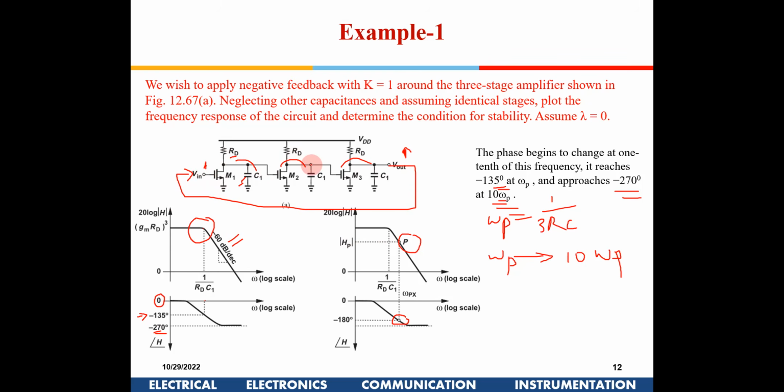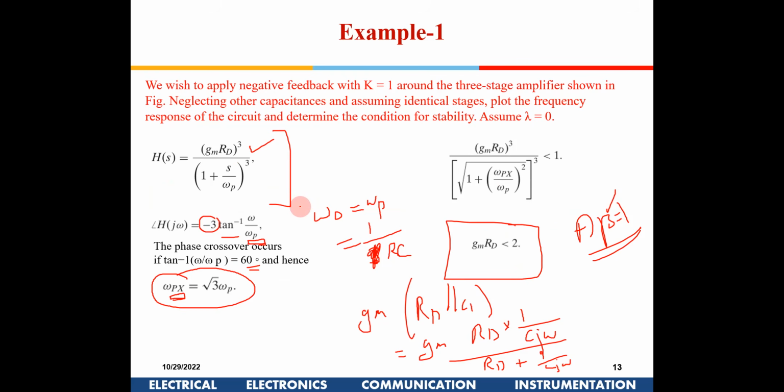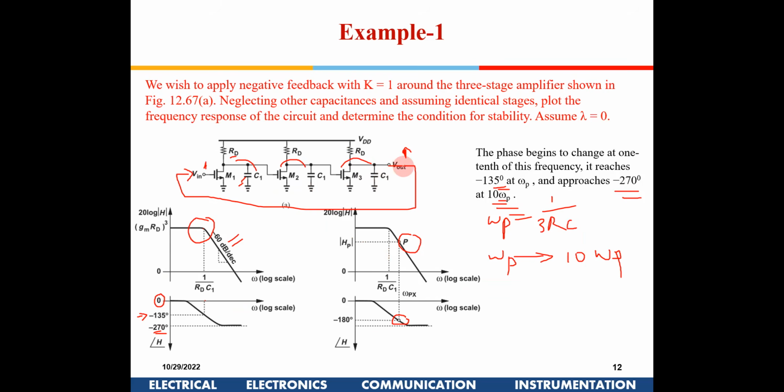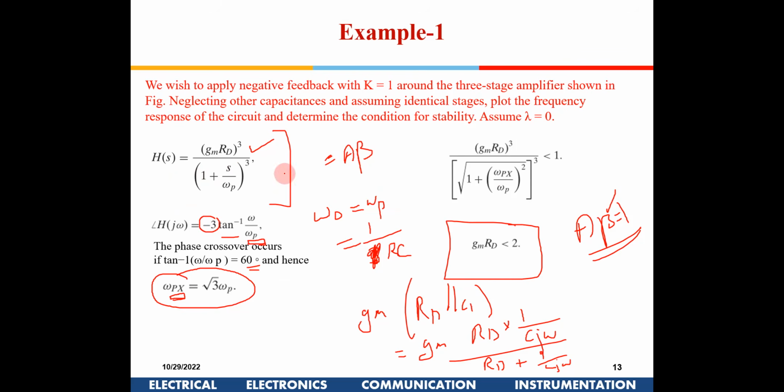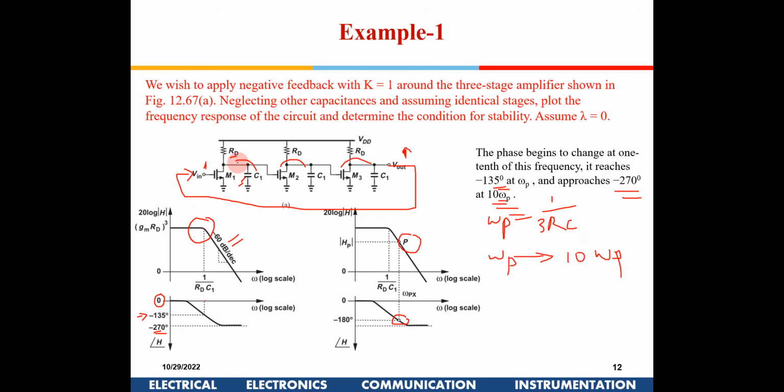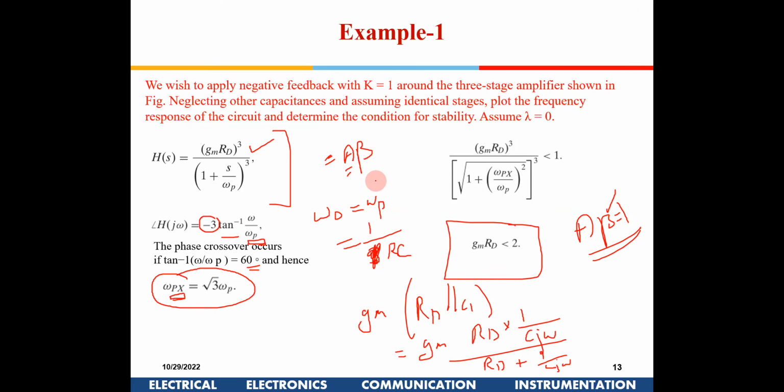So we have to write the transfer function, right? We have to find A beta, the gain A beta. Here beta is equal to 1 in this particular case. Because we want to directly couple this, we need to find out A, right? So A is one gain multiplied by second gain and multiplied by the third gain, right?